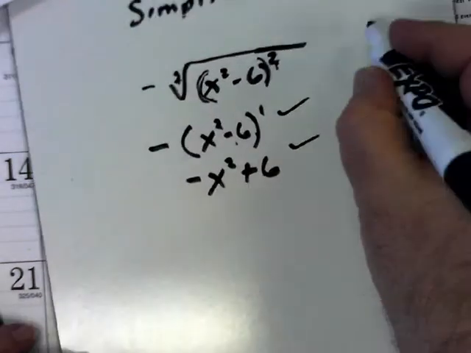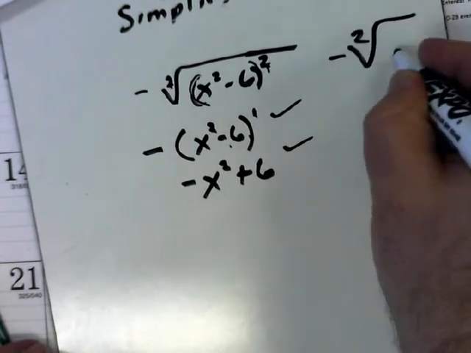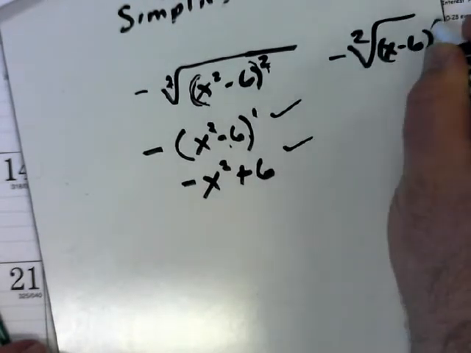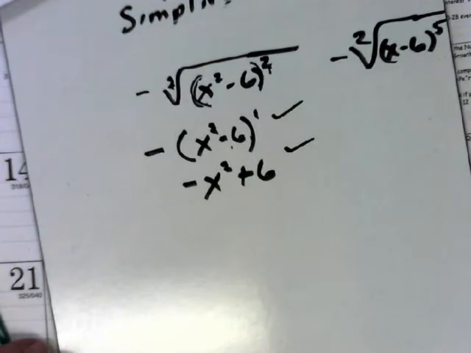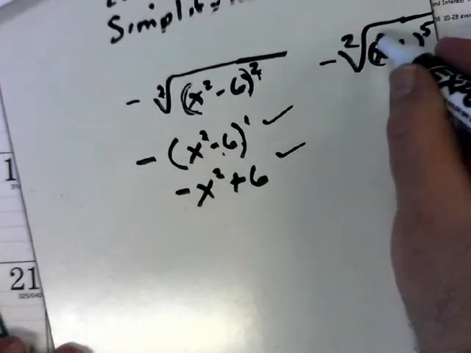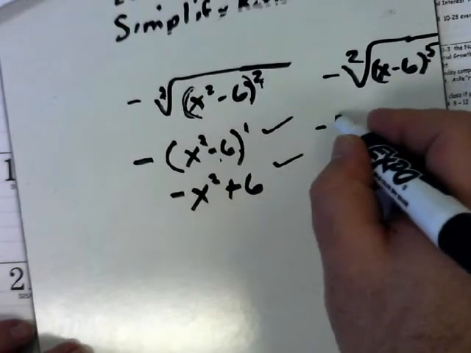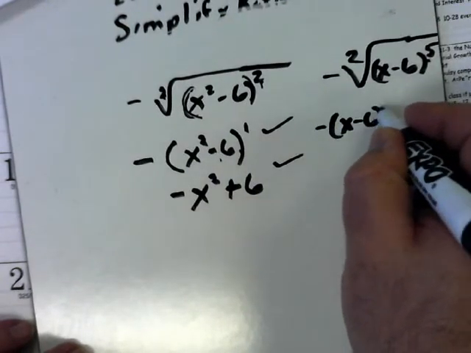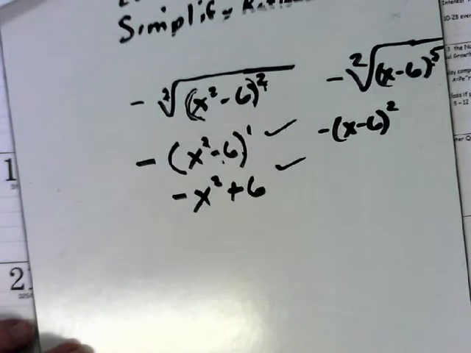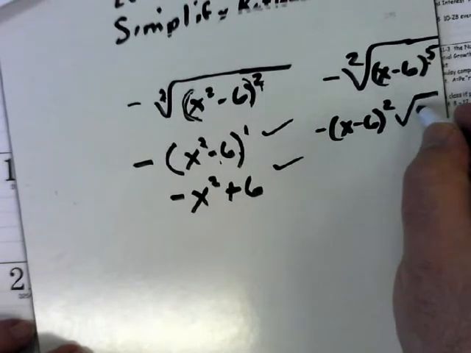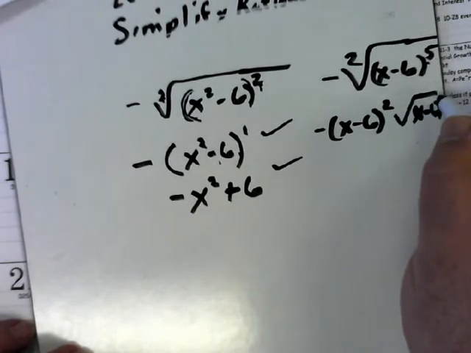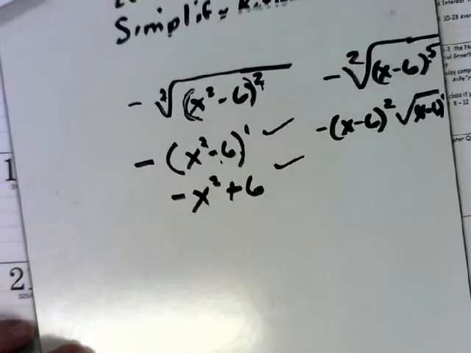Okay. So if I would have had this, x minus 6, I'm just going to make it to the fifth. 2 goes into 5 how many times? Which means outside here I'd have x minus 6, the quantity squared, the square root of x minus 6 to the first. Okay?